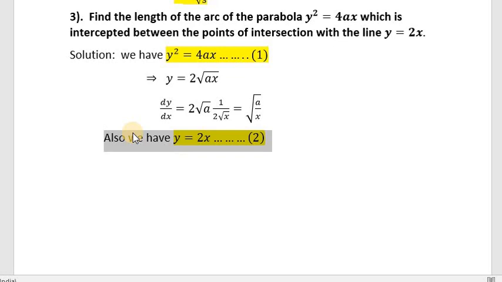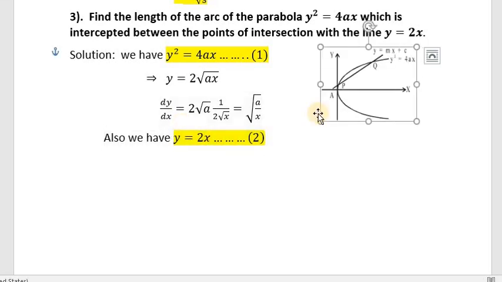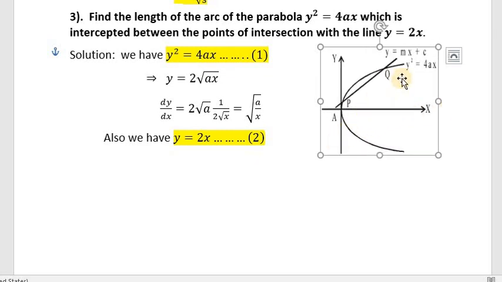Also we have the second equation, y is equal to 2x. Treat this as equation 2. So by representing them in the figure, you see the curve, that is the parabola, y square is equal to 4ax is this curve, and the straight line which represents y is equal to 2x, because y is equal to mx plus c is the equation of a straight line.